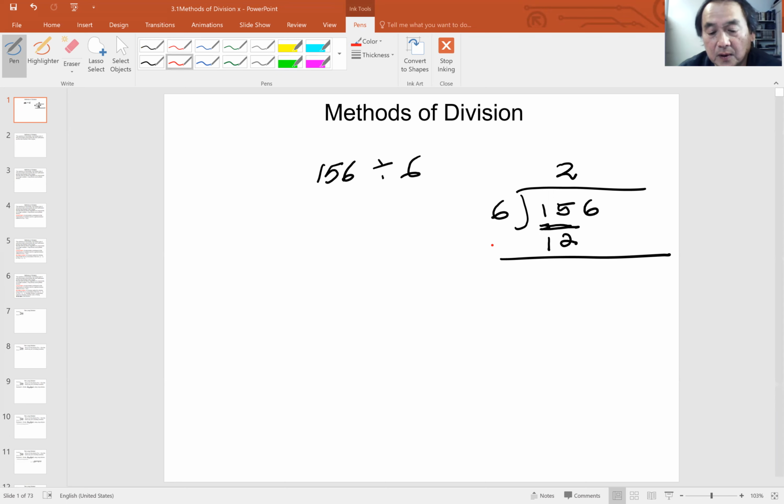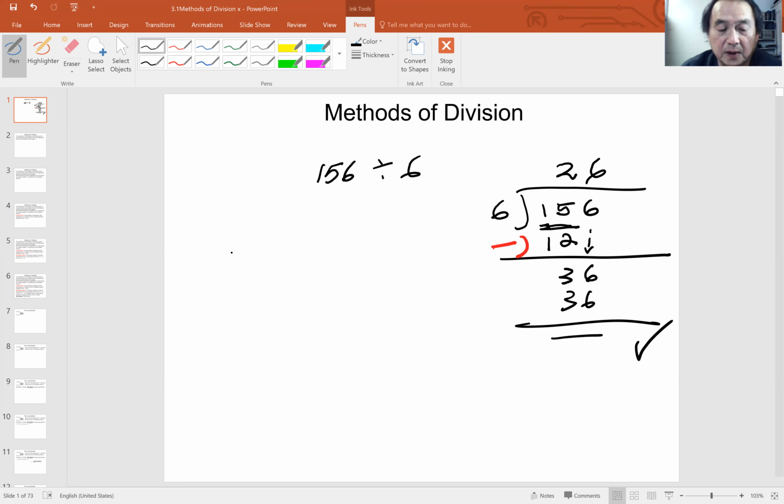Then, very important, we subtract. After subtracting, we carry down the 6. Then we do it again: 6 times 6 is 36, and there's no remainder. Hence we can say 156 has a factor 6, because it divides completely with a quotient.